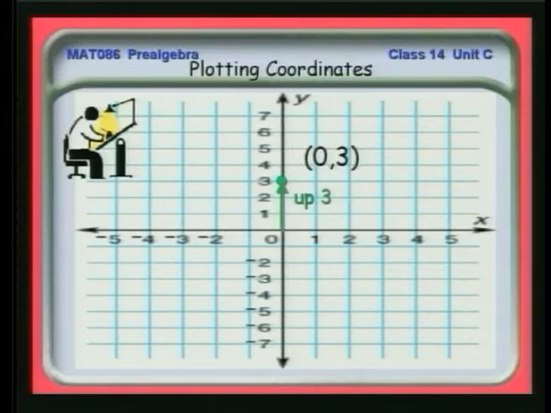Because x is equal to 0, we just go straight up and put the point at 3. Now -4, 0. This tells us that the x value is -4, 4 units to the left. The y value is 0. We don't go up or down this time, so when we plot this, we just go 4 units to the left and bam, stick in our point.